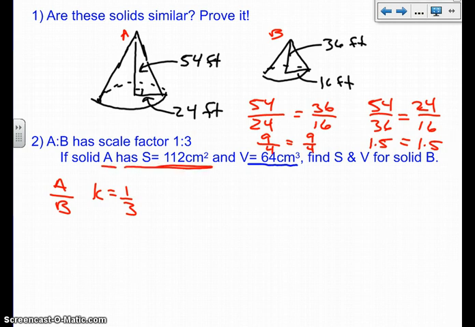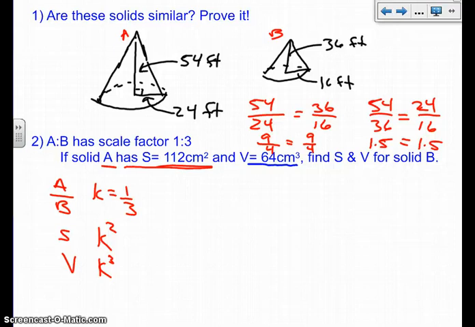So what do we do with surface area when it comes to our K? K is squared when it comes to surface area, right? And when it comes to volume, what do we do to the K? Cube it.